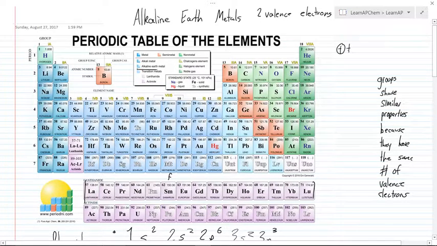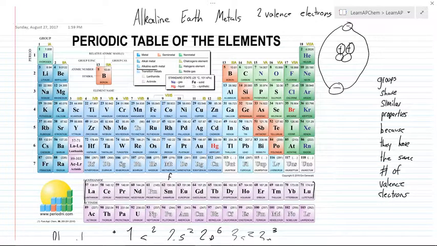So if I draw my Bohr model here real quick for helium, I can see that I have 2 electrons on this first orbital, 2 valence electrons. But if you think about it, if I had to add another electron, it would go on another orbital. And so I'm in what's called a full orbital. And because of that, helium's very stable. It's not really going to react with anything.